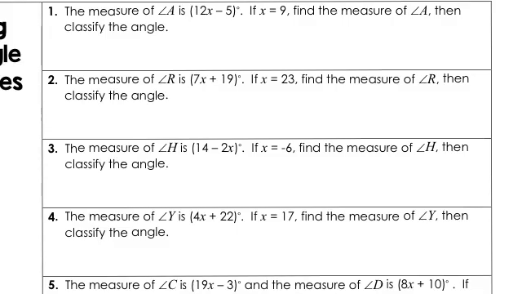So we can substitute 9 in to the expression and solve for angle A. Angle A is equal to 103. What type of angle is that? That is obtuse.